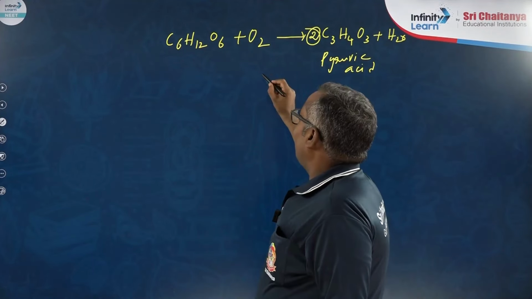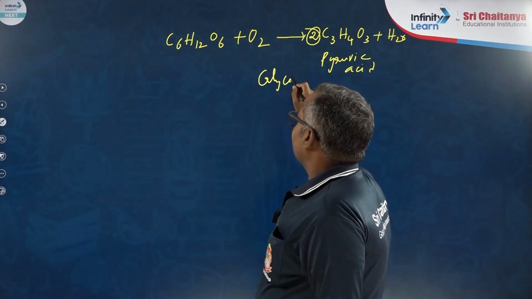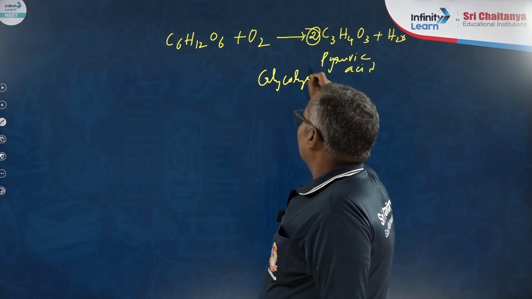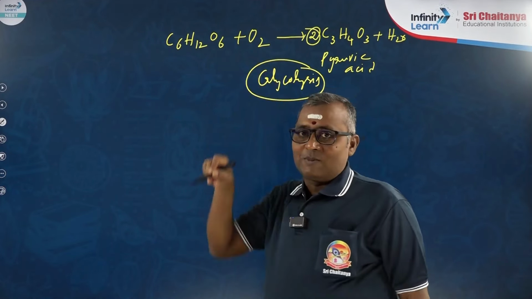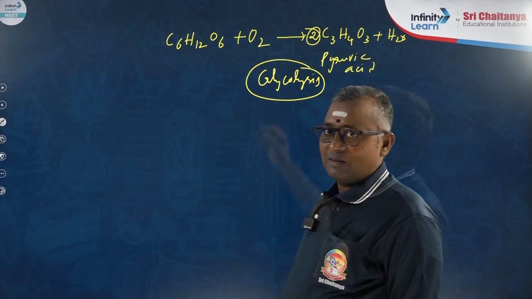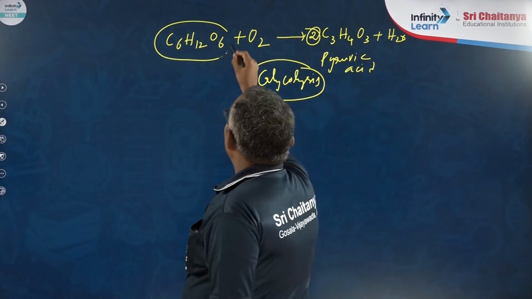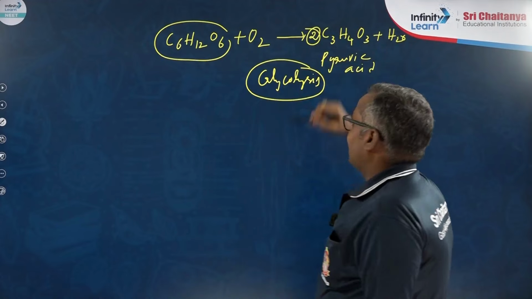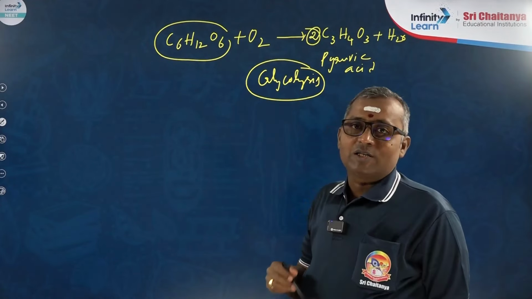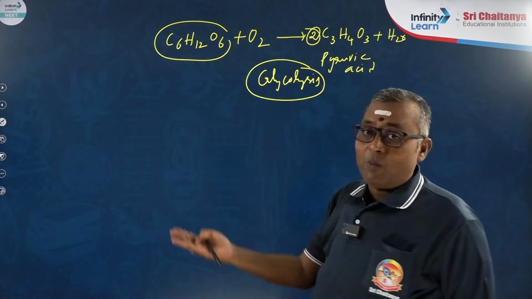Now, this metabolic pathway is called glycolysis. Glycolysis takes place in the absence of oxygen. So, in the glycolysis process, glucose gets converted into 2 moles of pyruvic acid. With 1 or 2 additional steps, a variety of end products are produced.